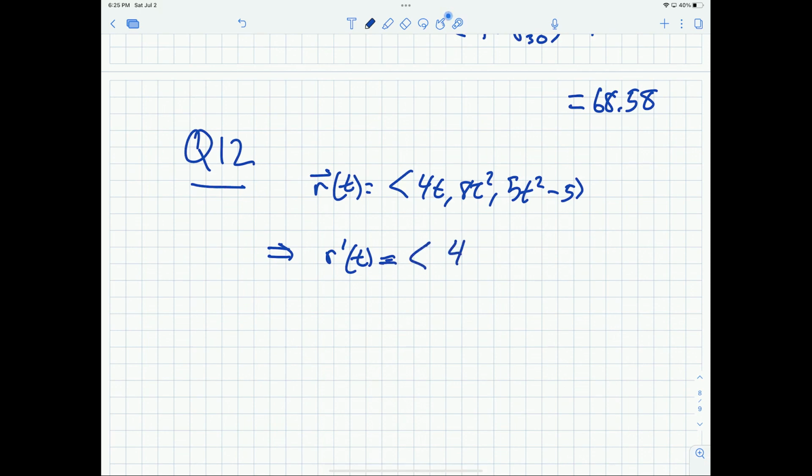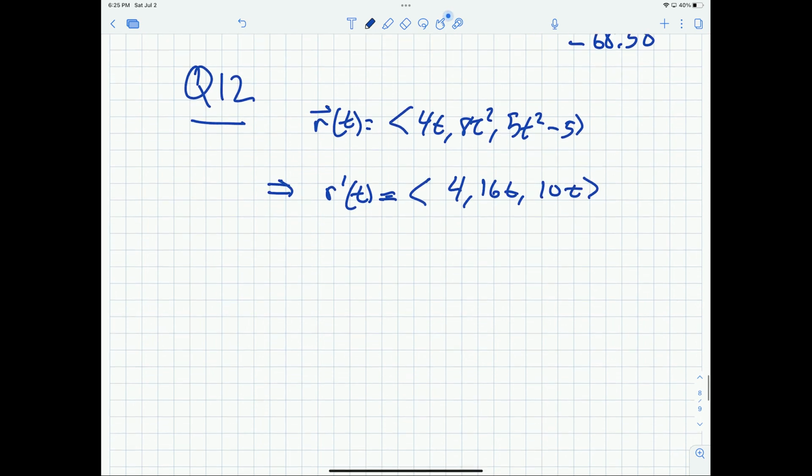So 4 and then 16t and then 10t. And then we want them to be perpendicular. The question is, what is t for r perpendicular to r prime?